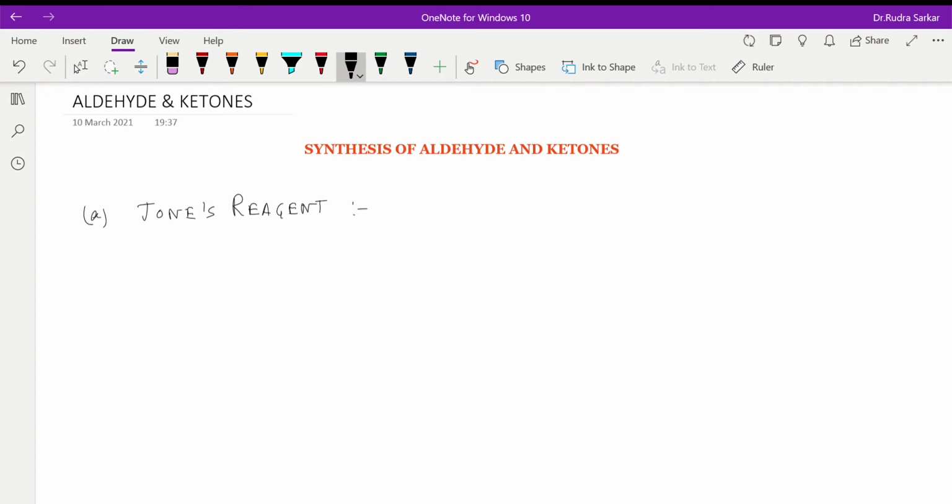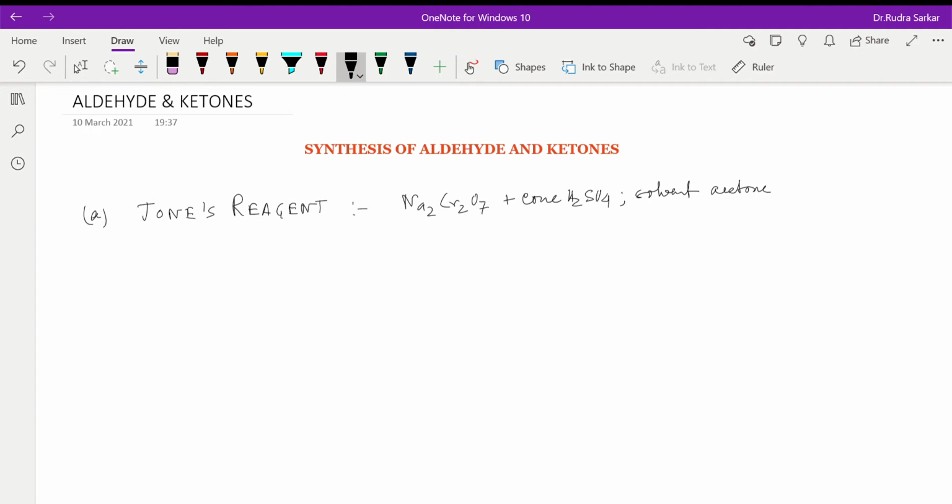Now, knowing the name and also what the reagent has is important. Jones reagent is basically sodium dichromate inside concentrated sulfuric acid, the preferred solvent being acetone. However, one should remember that this is a very powerful oxidizing agent.